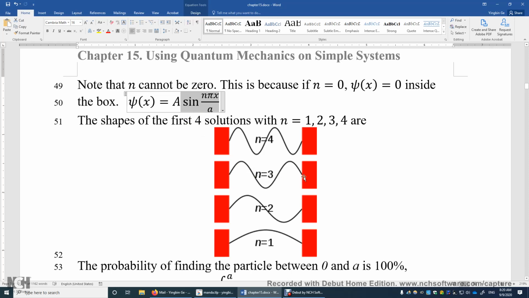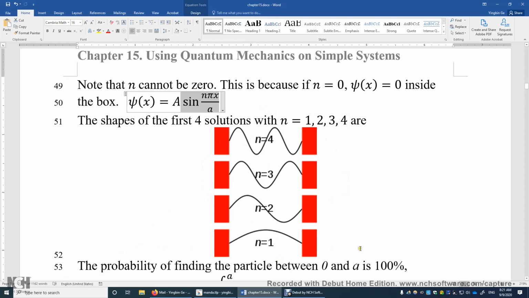So in this case, we can say there are 2 nodes inside the box. When n is 4, there are 3 nodes inside the box. The positions of the nodes are 1/4, 2/4, and 3/4 of A, or 1/4, 1/2, and 3/4 of A. So now let's look at these 4 solutions, again with n equals 1, 2, 3, 4.